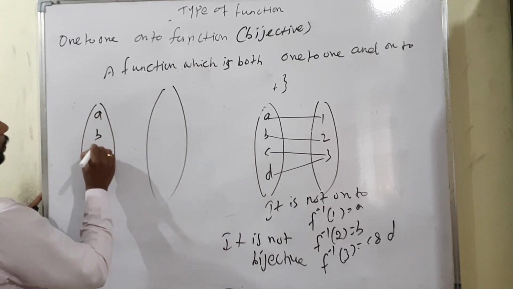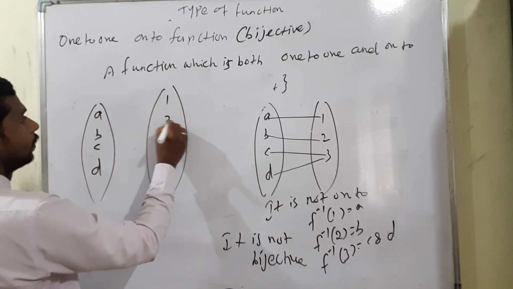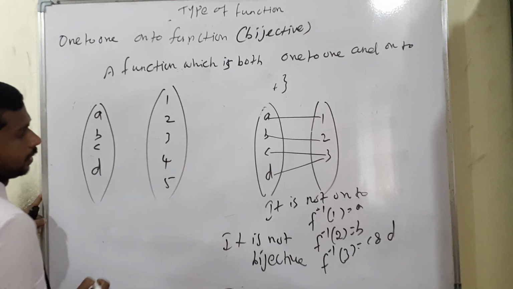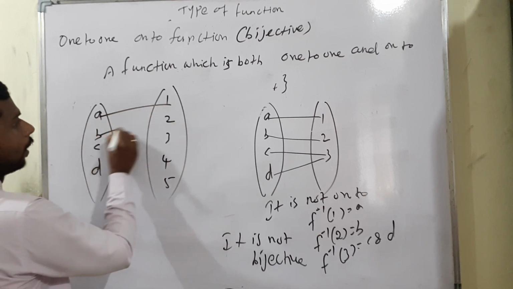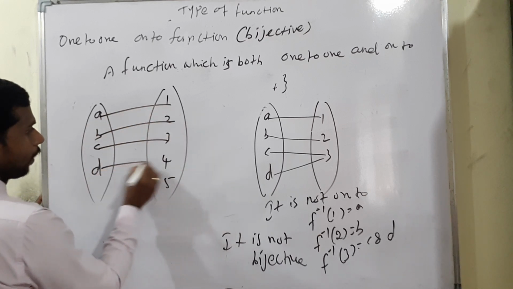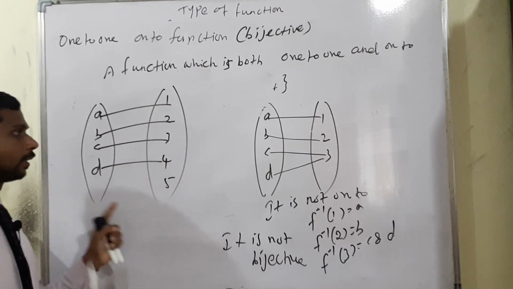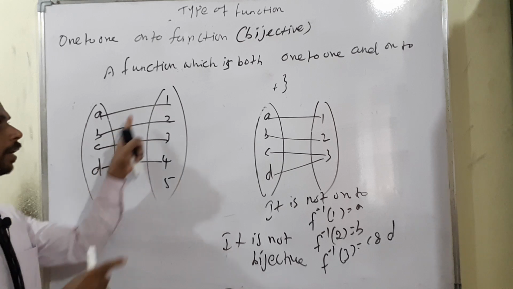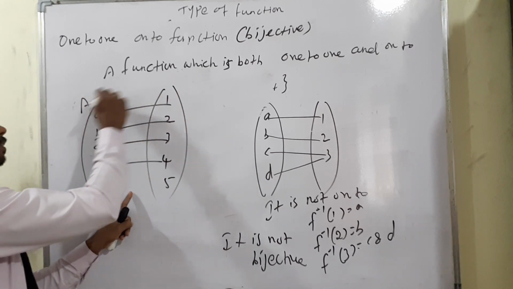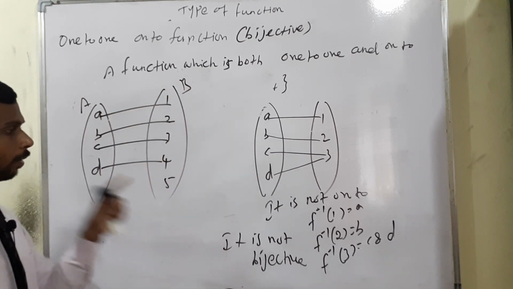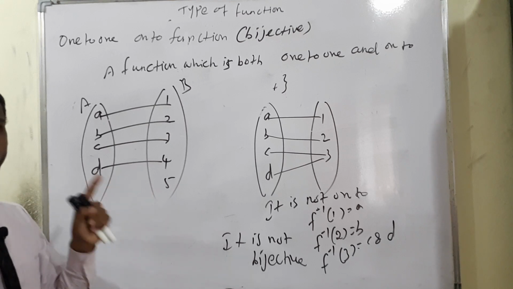Then another example. So A, B, C and D, 1, 2, 3, 4 and 5 are there. So mapping A to 1, B to 2, C to 3, D to 4. So listen, first we can say it is 1-to-1 because different elements have different images. So 1-to-1, but not onto. Why?